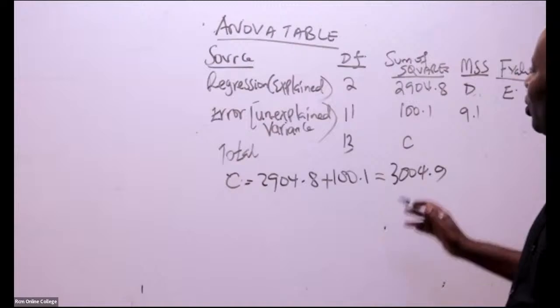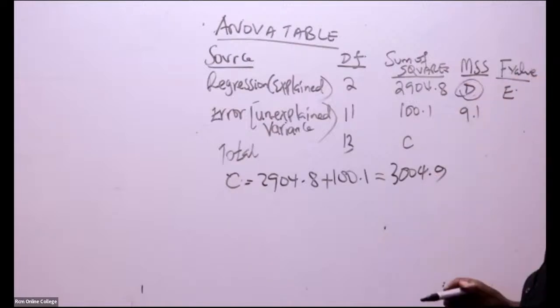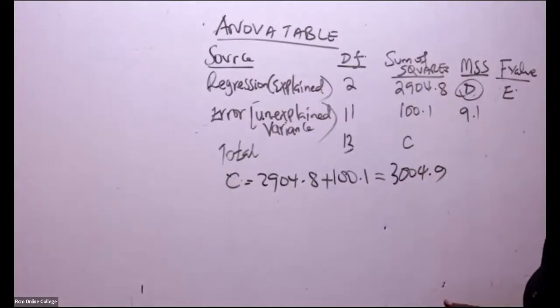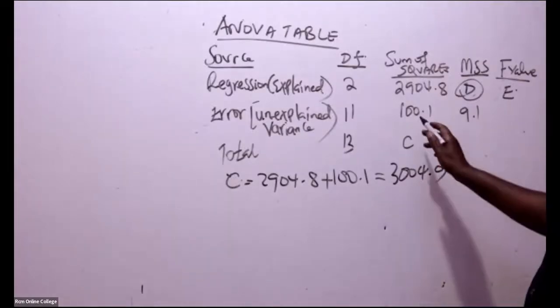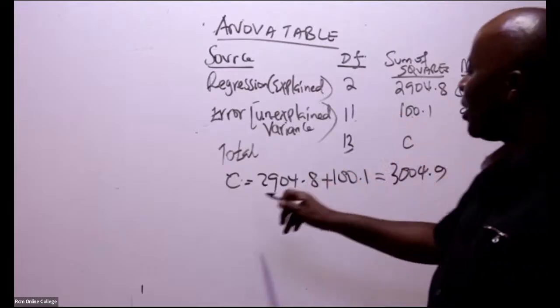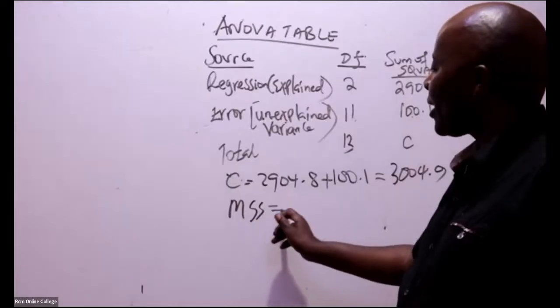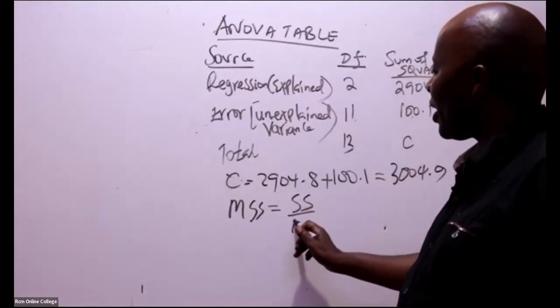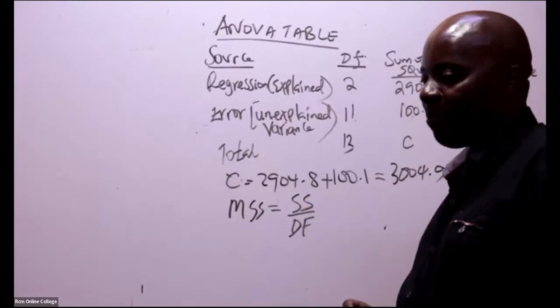What do you think we shall do to be able to get this D? D is the mean sum of squares. Mean means division. You can take this divided by this and get this. So to get mean sum of squares, you normally take the sum of squares given divided by degrees of freedom.